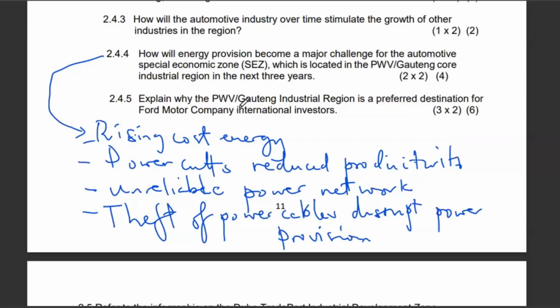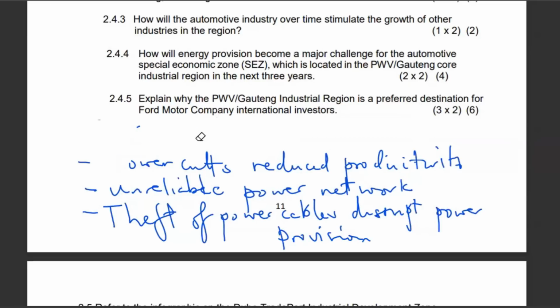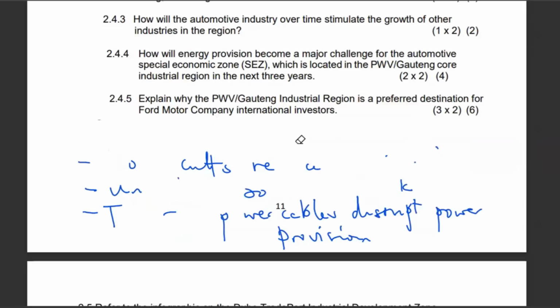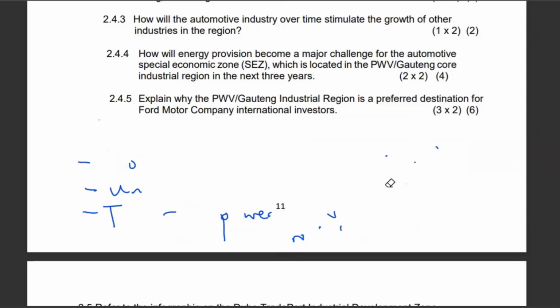Right. The last question says, explain why the PWV Gauteng Industrial Region is a preferred destination for Ford Motor Company international investors. Why are the Ford investors targeting to establish their manufacturing plants in the Gauteng PWV core industrial region and not other industrial regions across South Africa? Why are they targeting to invest in Gauteng PWV?